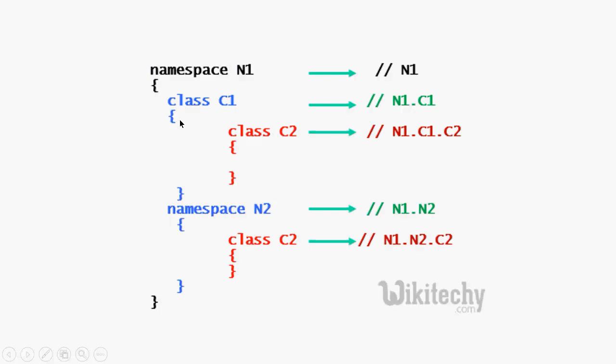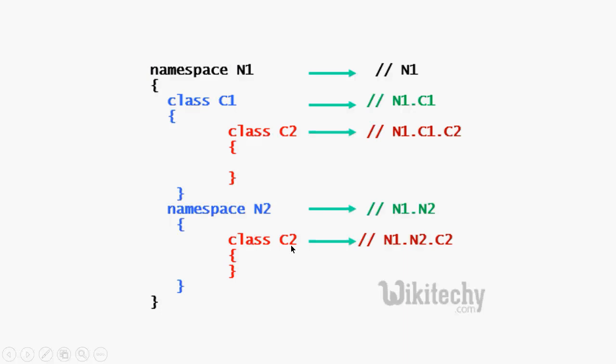A namespace can contain classes and a namespace can contain a namespace. If you want to reference C1, you can reference it like that. Inside a class you can also have a class, so to reference that one, again dot C2. To reference the second namespace, n1.n2, and the third, n1.n2.c2. Like that it goes.